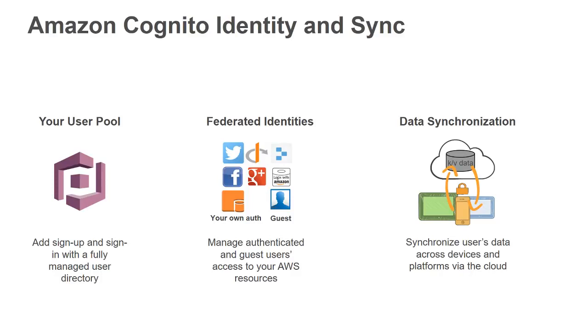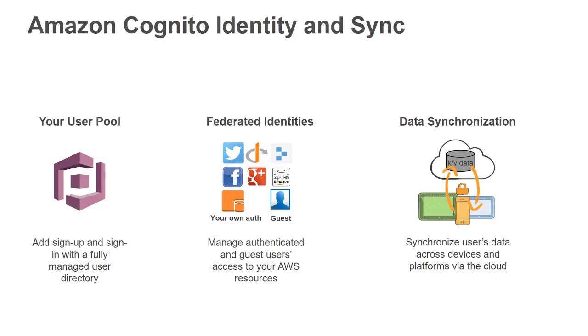We have a lot of opportunities for people to authenticate the way they already do, so why make them create something new? They can tie in and say, hey, I'm on Google, I want to tie this in. That's Cognito federated identity.